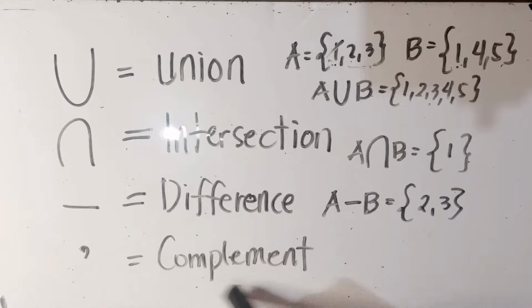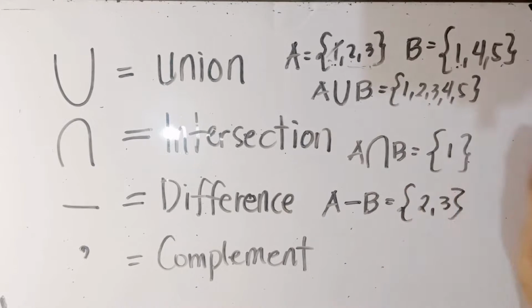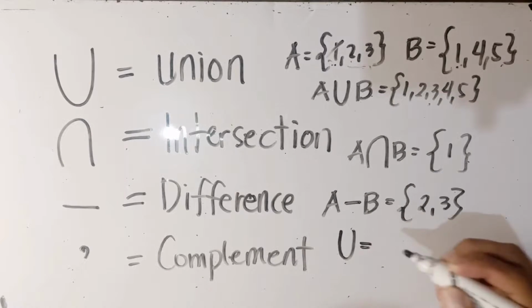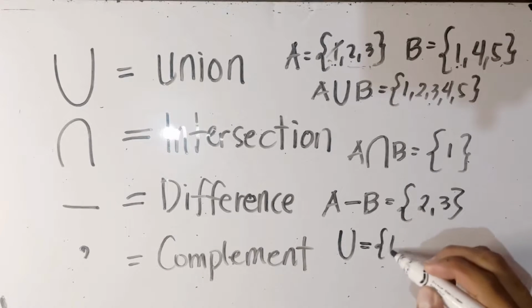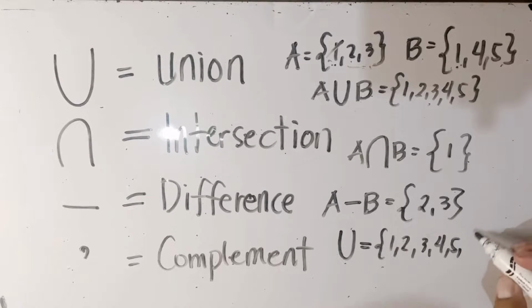The other meaning for complement is that set or group is not included. So for example, we have set A, set B, and the universal set is equal to 1, 2, 3, 4, 5, 6, and so on and so forth.